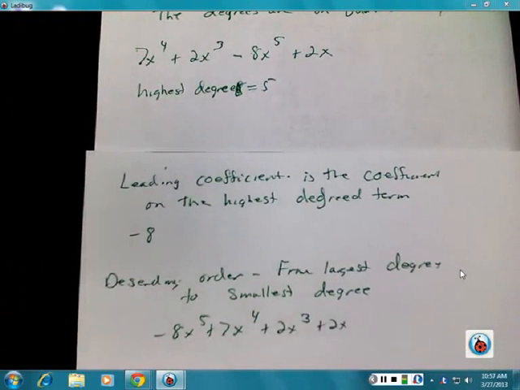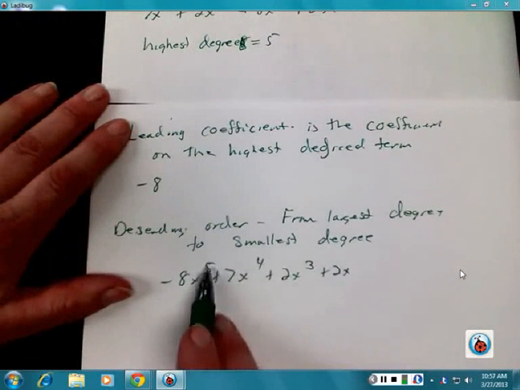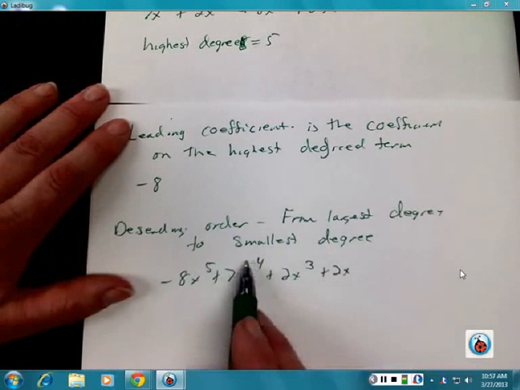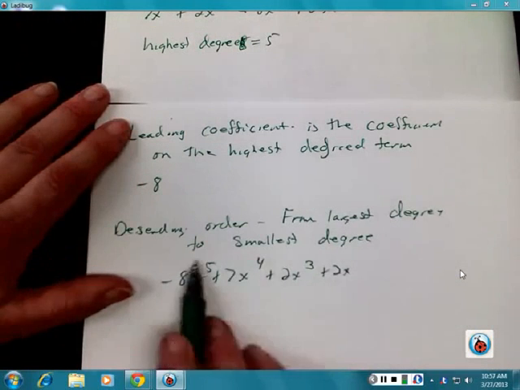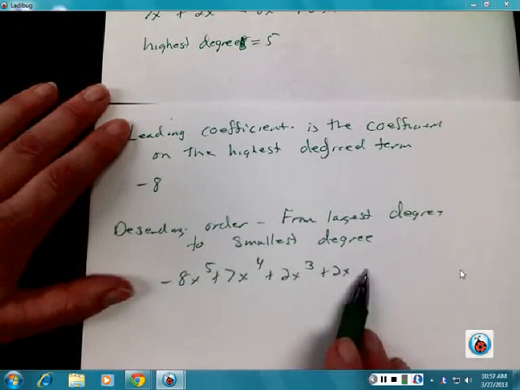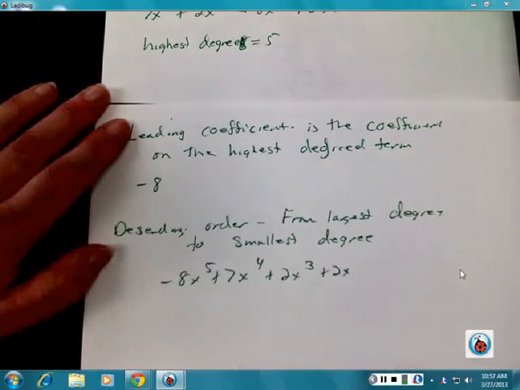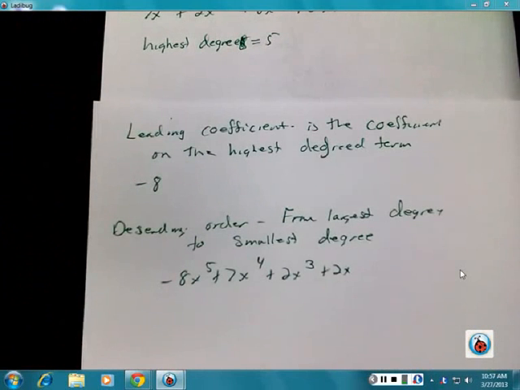When you have descending order, the exponents will be 5, 4, 3, 1, going from the largest down to the smallest.